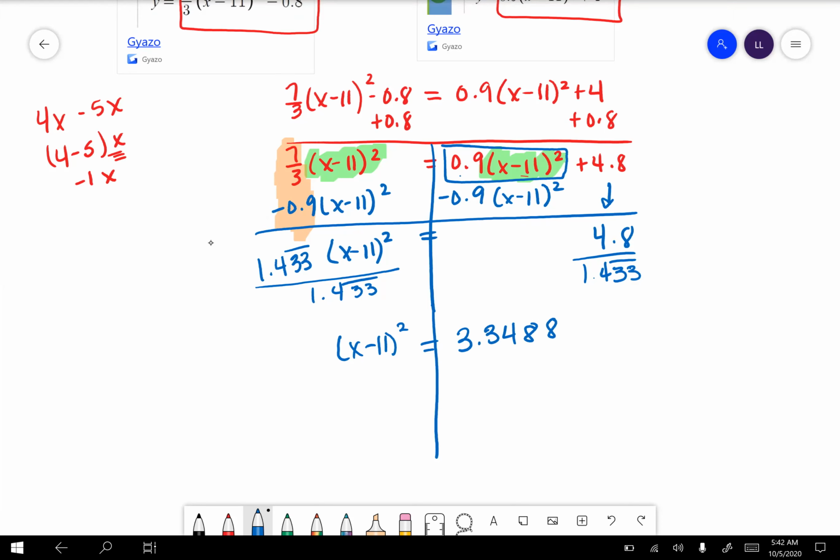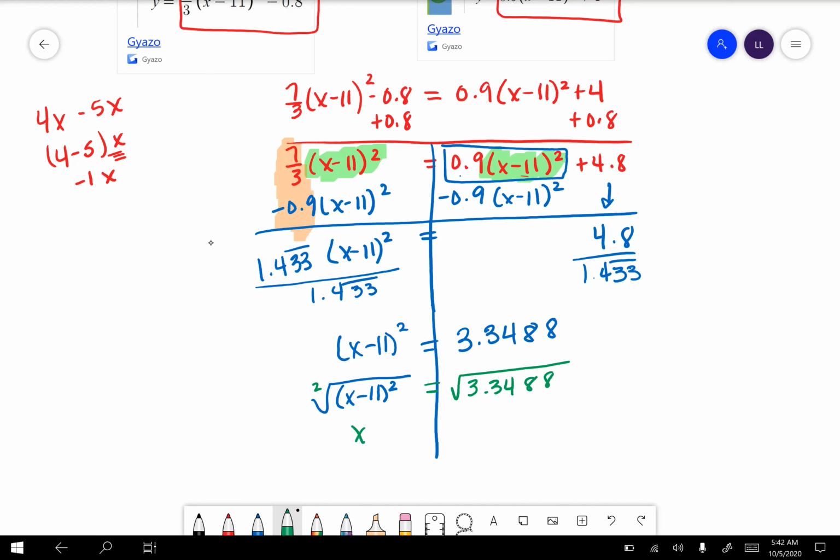Okay, so now to solve this, I'm going to take the square root of both sides to undo this power 2. Whenever you're trying to solve a radical, I mean, it's not a radical, but a power function, you always do the same index as the power. Whatever you do on one side, you must do on the other.